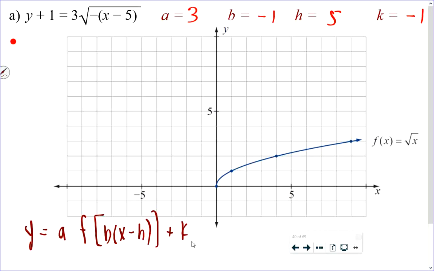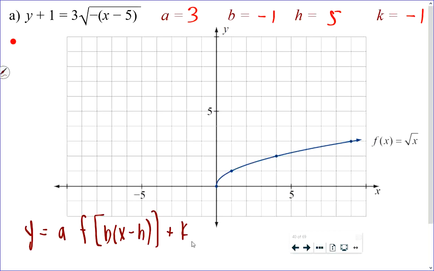You should understand that since b is negative 1, there's no horizontal stretch, though. And then you need to realize that after you vertically stretch it by a factor of 3 and reflect things horizontally, then you move things 5 to the right and 1 down. And all of those things would be items that you would explain or write down on a written response.